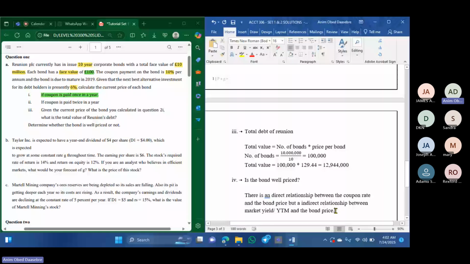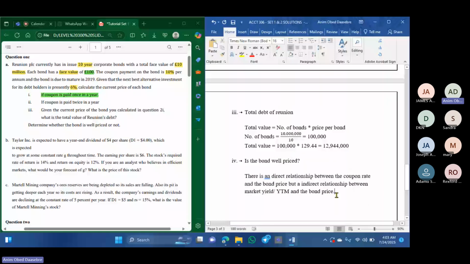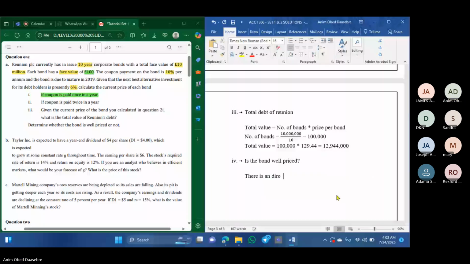So to answer that, you say: since the coupon rate of 10% is greater than the market yield, the bond price is above the par.